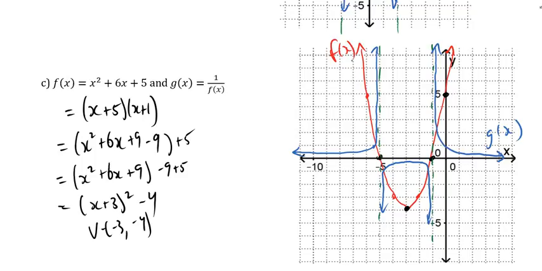Okay, so I made sure they crossed at 1 on both sides, made sure they crossed at -1 in 2 places, and then they approached the asymptotes in the same way.